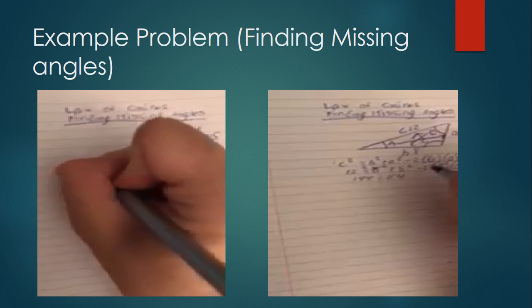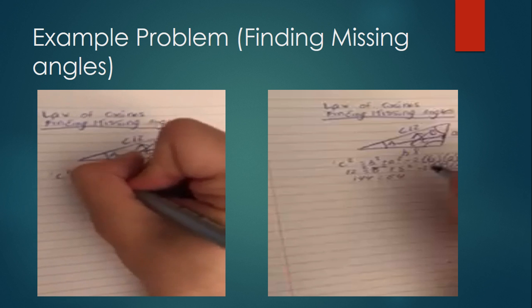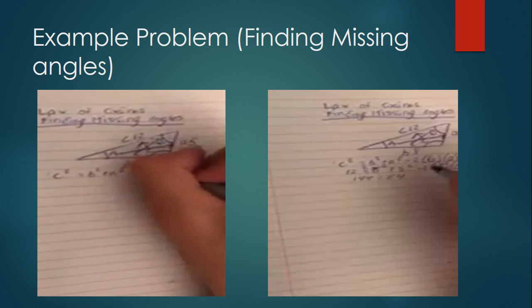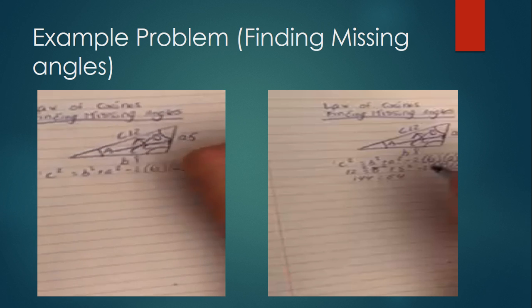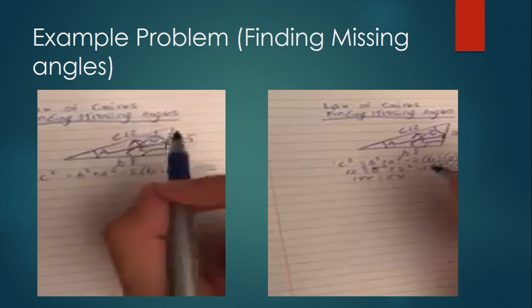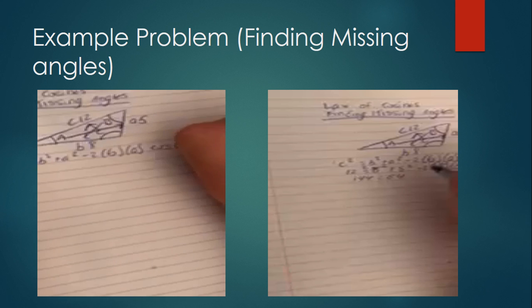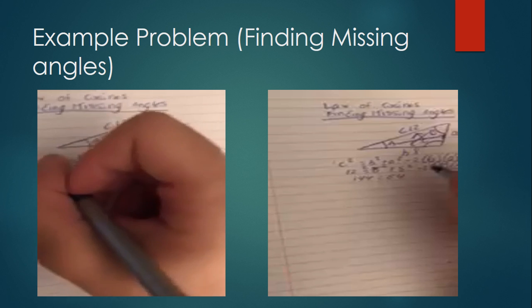So C squared is equal to B squared plus A squared minus 2 times B times A times cosine of the angle that you want to find, so cosine C. Now you plug in the numbers that you have.